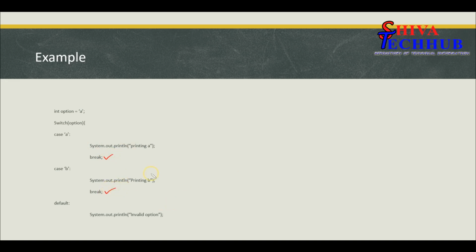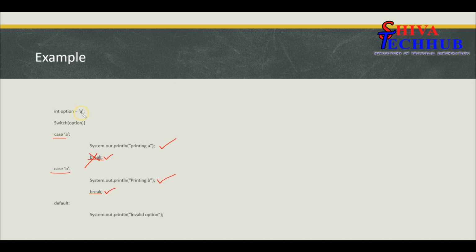One possible disadvantage of this older switch is that, for example, if you forgot to add a break statement over here or anywhere. Say there are 100 cases like this, and you forgot to add a break statement. Then what will happen? Instead of getting out of the switch, it will execute the next case, and if you forgot that one too, it will execute again, irrespective of whatever option you have specified.